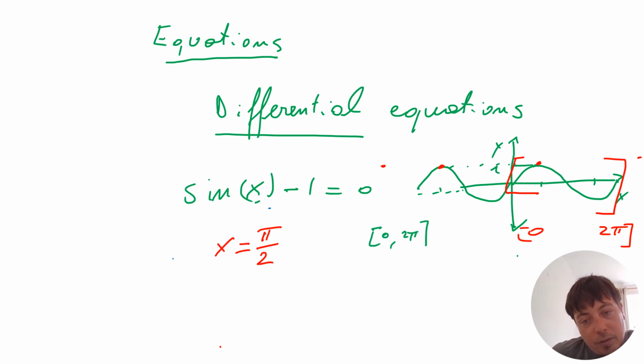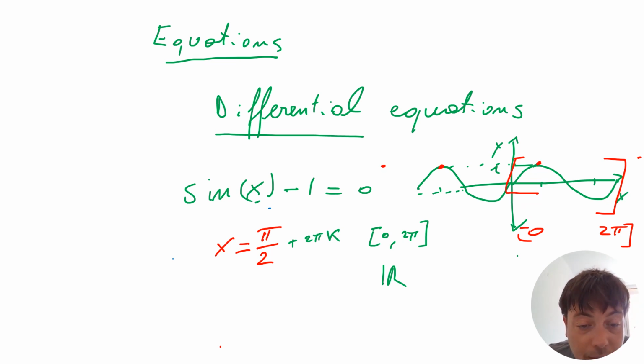But what is the full solution in all the real axis x? You need to add the periodicity, which is plus 2 pi k, where k is whatever number you choose. Okay, 2 pi, because every 2 pi you get the same value.